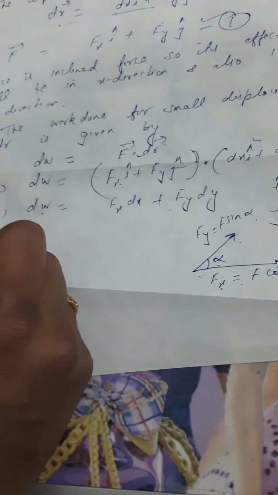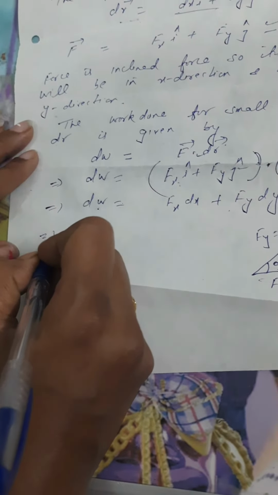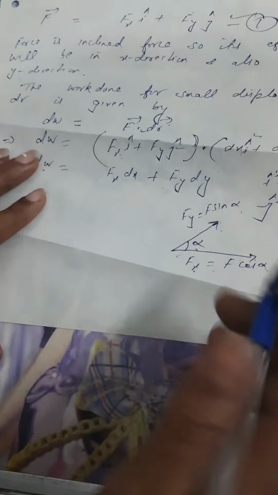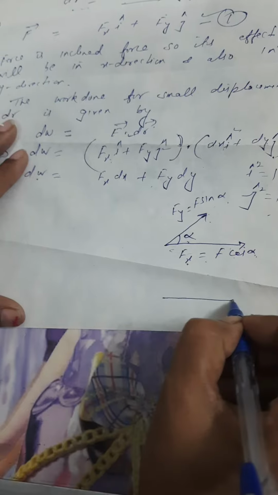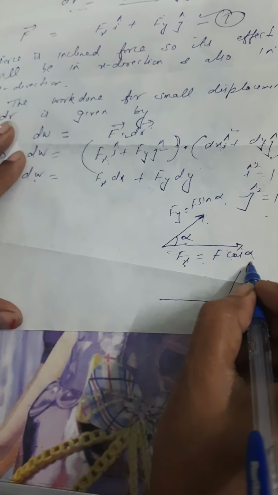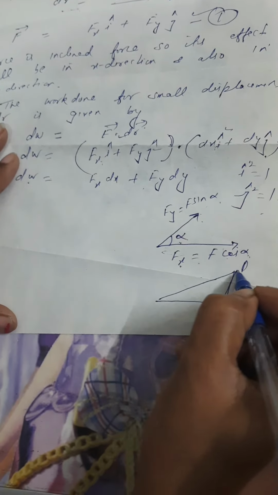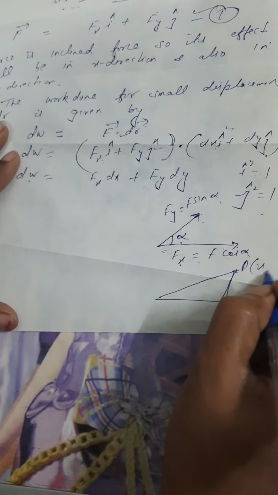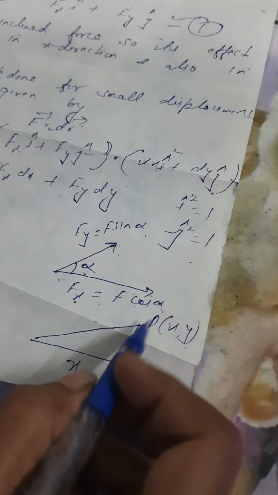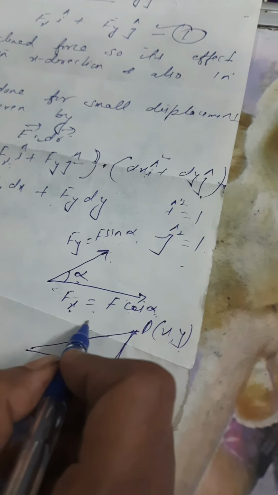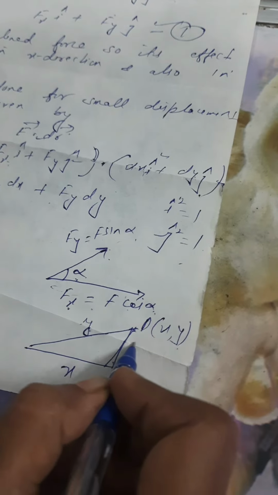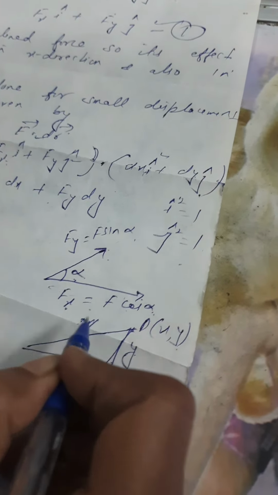Okay. So again consider this. This is the point P, with coordinates x, y. Along the x-axis will be x, and along the y-axis will be y. This is the position vector r.